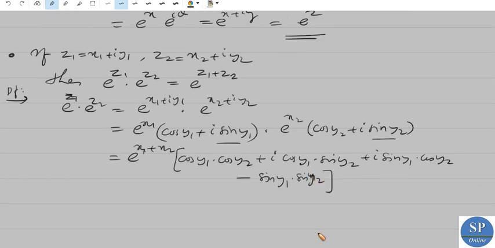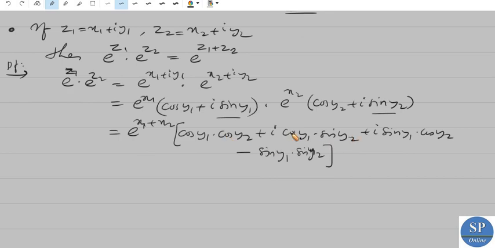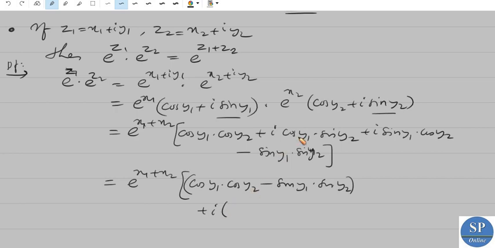So separating the real and imaginary parts, we can write e power x1 plus x2 into first cos y1 cos y2 minus sin y1 sin y2, plus I into cos y1 sin y2 plus sin y1 cos y2.